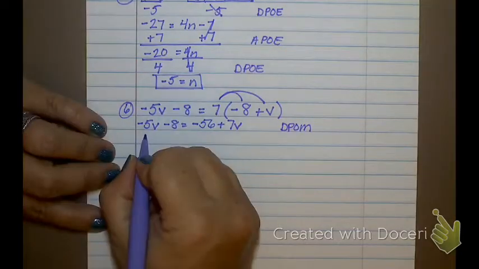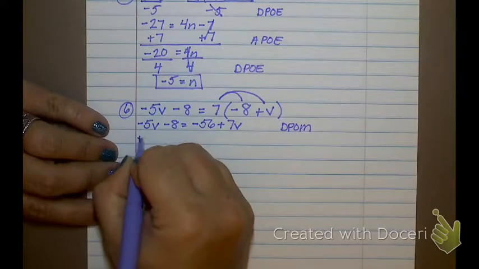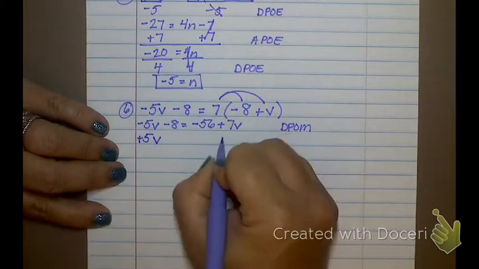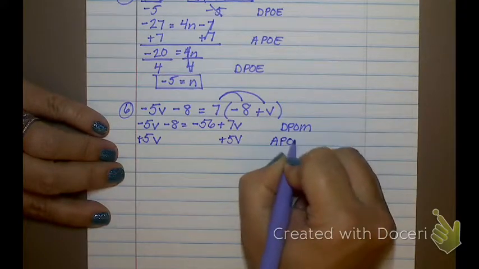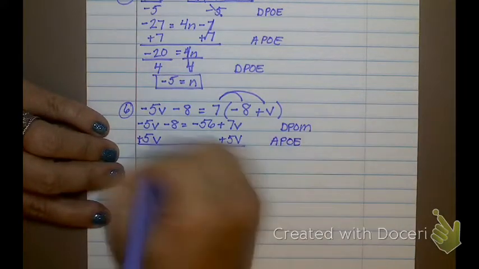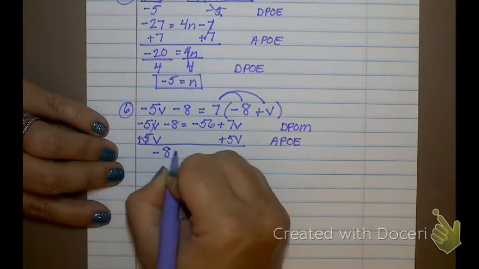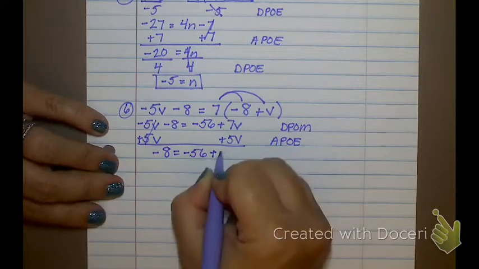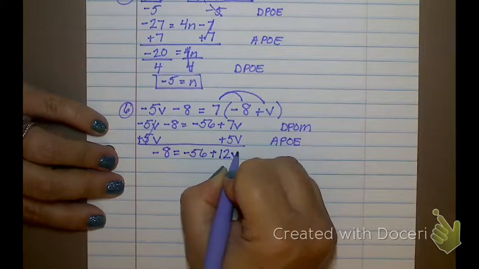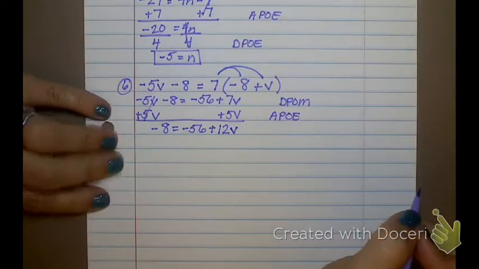Okay, how am I going to move the 5v? I'm going to add 5v to both sides using my addition property of equality. So that leaves me with negative 8 equals negative 56 plus what? 12v. Okay? So my v's are all together.